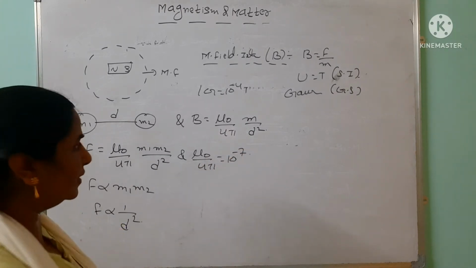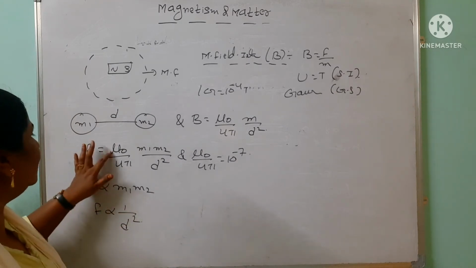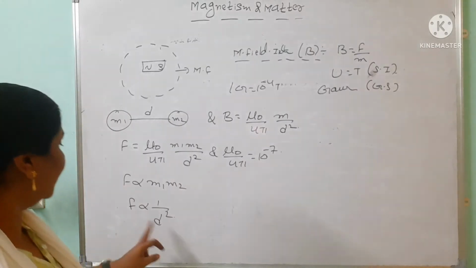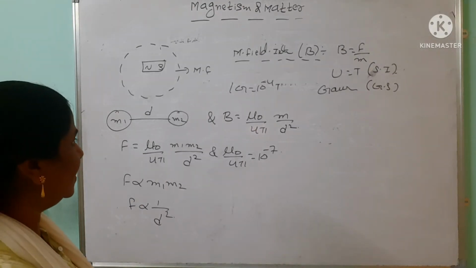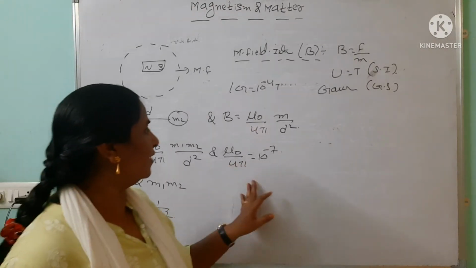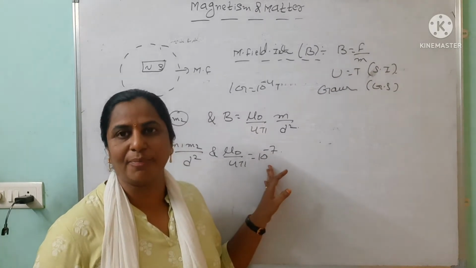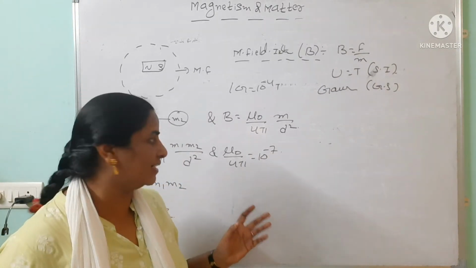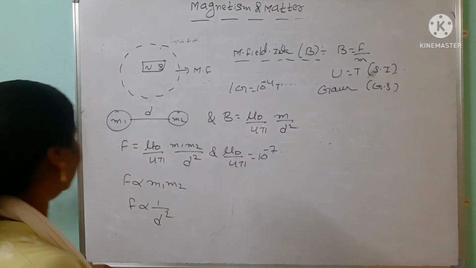This mu naught is called the magnetic permeability. This magnetic force is inversely proportional to d square. You remember that the mu naught by 4 pi value is 10 to the power of minus 7. When you know this, you can do the simplifications; otherwise, you won't get the correct readings.